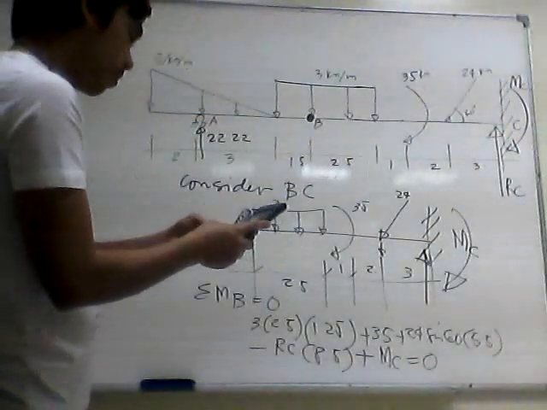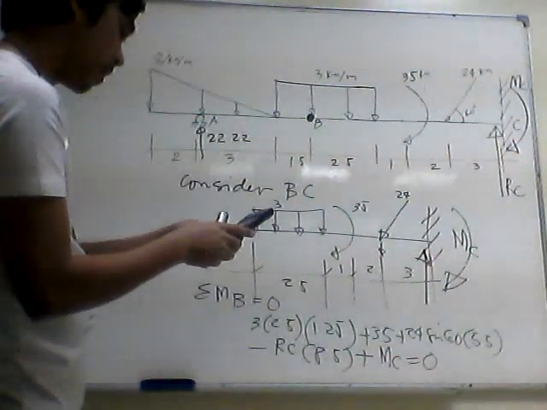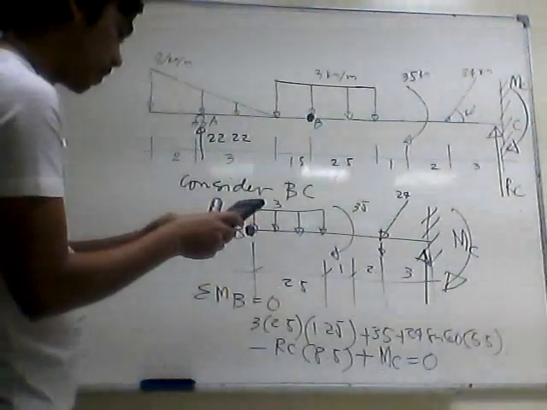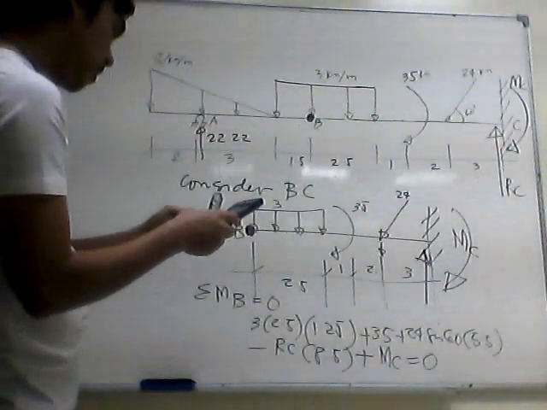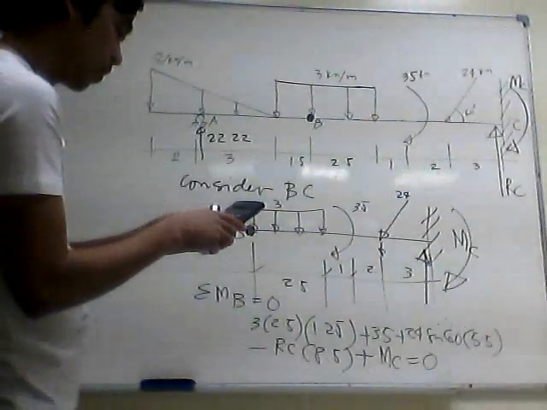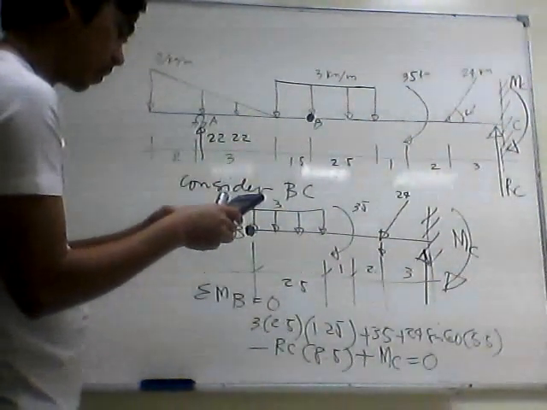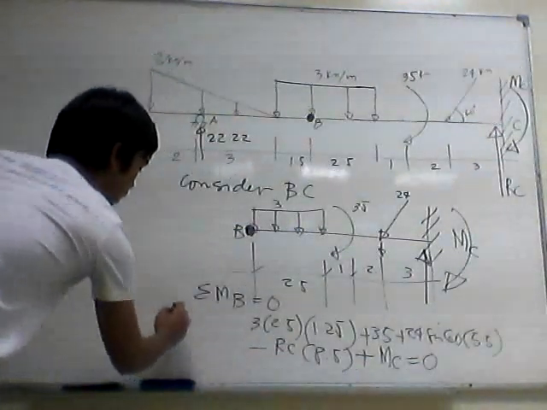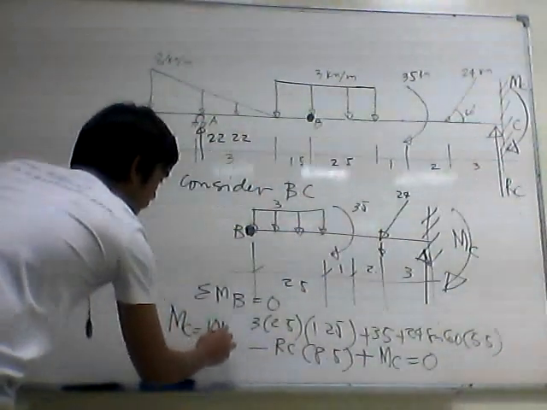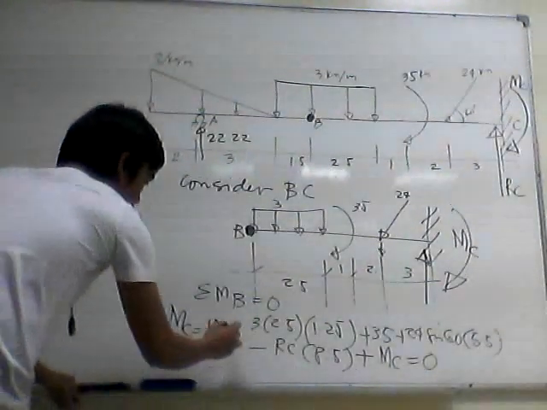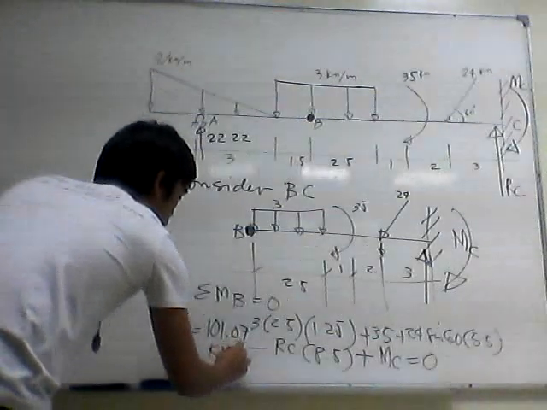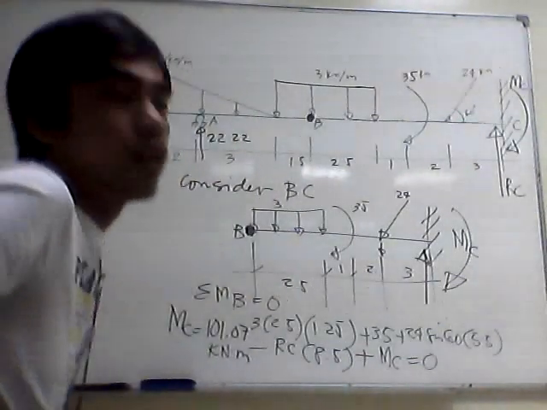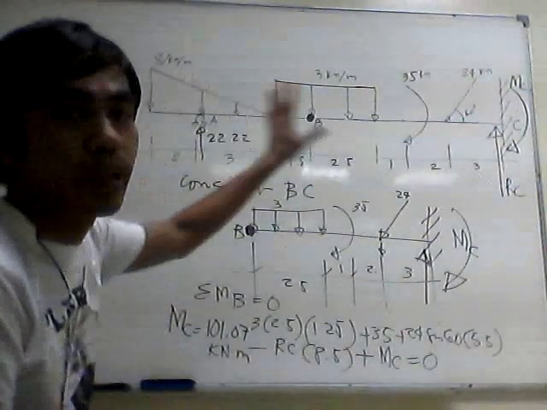RC is 30.56 multiplied by 8.5, less 3 times 2.5 times 1.25, less 35, less the 24 sine 60 term. The moment at C is now equal to 101.07 kilonewton meter.